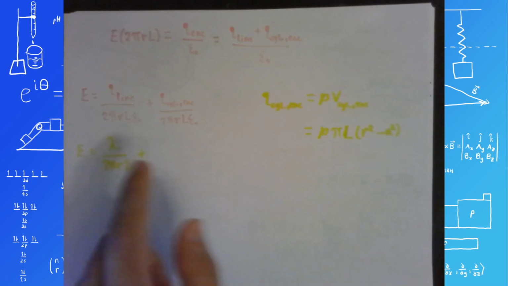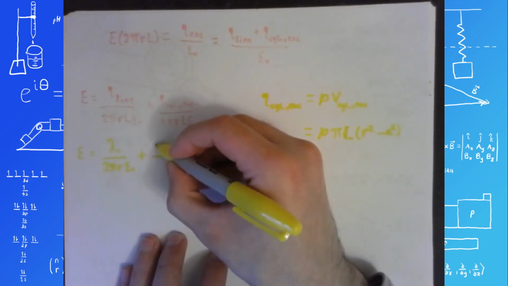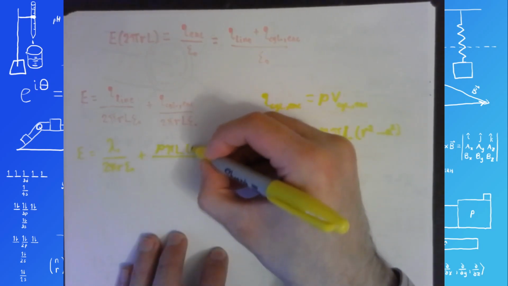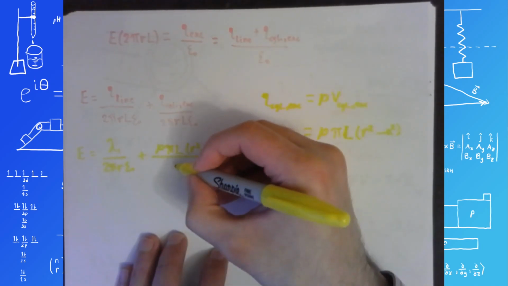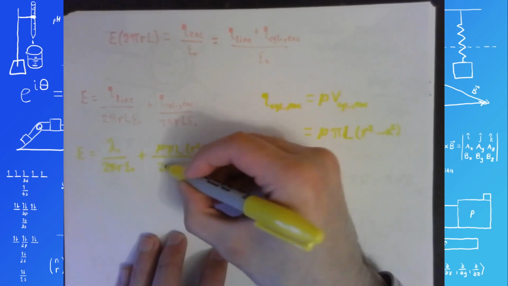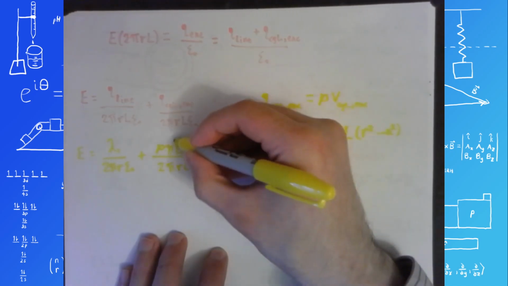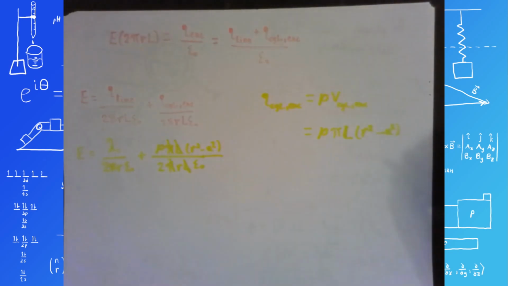Okay, and now I can just put that in here, and that gives me rho times pi times L times r squared minus a squared all over 2 pi RL epsilon naught. The L's cancel out, the pi's cancel out, and the rest is just variable terms.